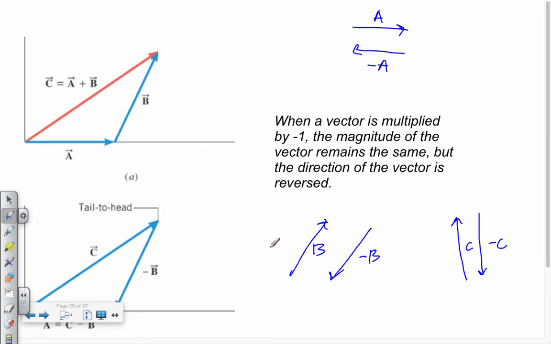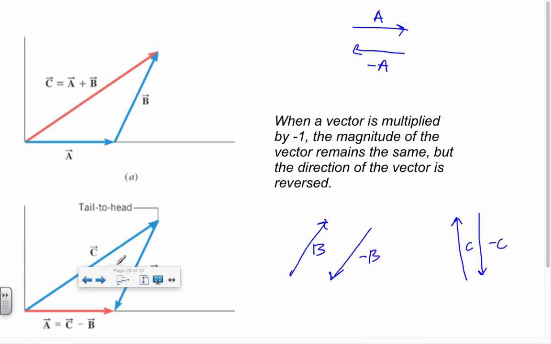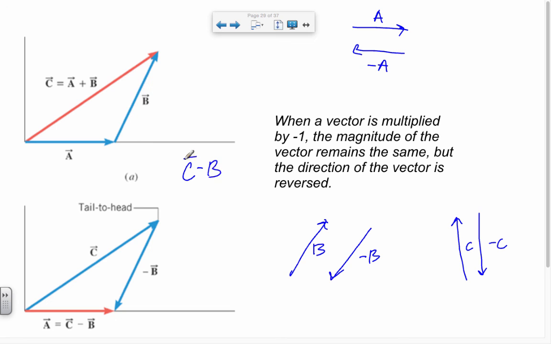So if I wanted to know, let me get rid of some of this so you can see down here. So if C, this red one, is A plus B, which you can see, head to tail, A and B, and the resultant goes from the tail of the first to the head of the last, then if I wanted to find C minus B, that would be the same as C plus -B.